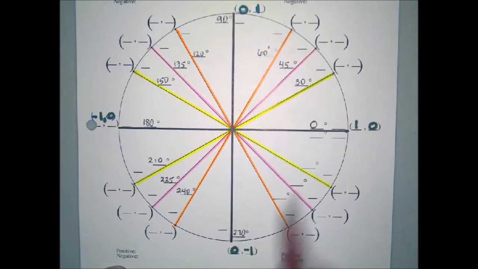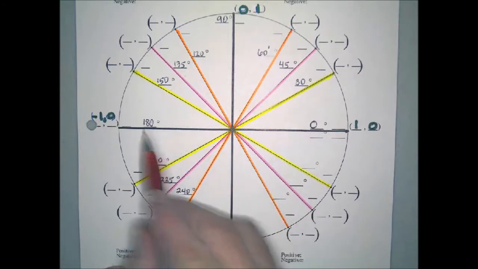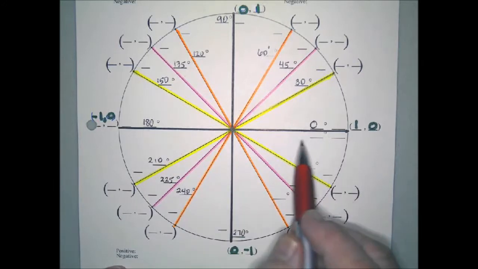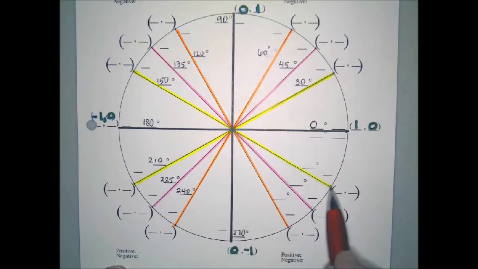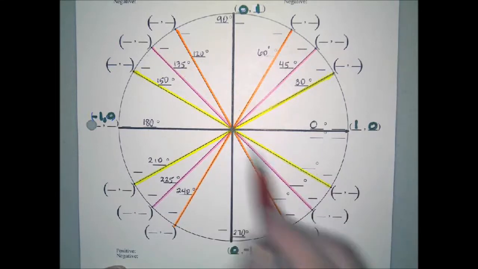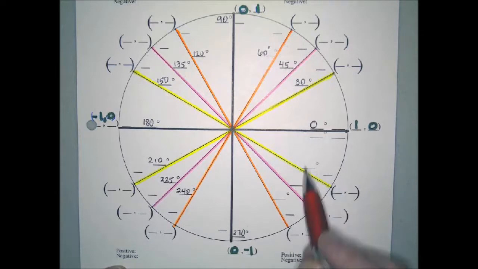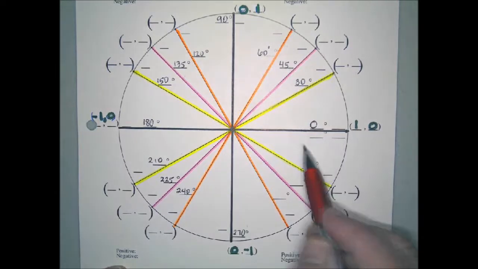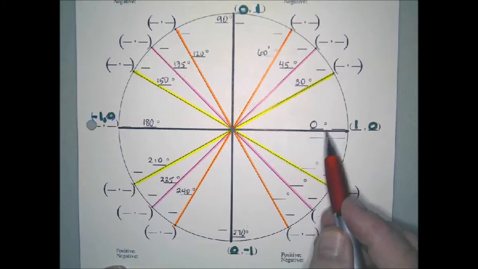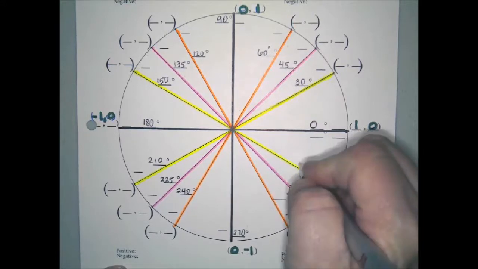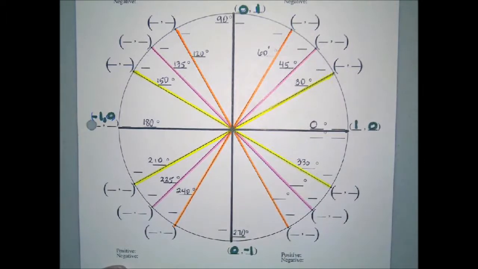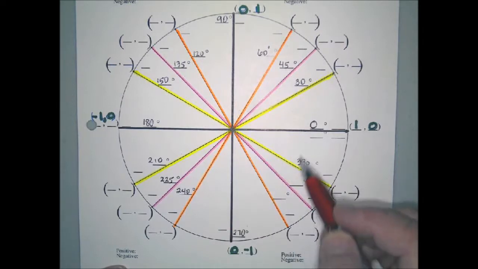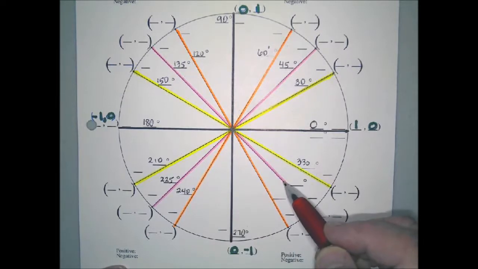And now we can do these angles the same way we did this one. We could think of this as 360 all the way around, but this yellow line right here represents the 30-degree angle, which means we didn't quite make it all the way around to 360. So it would be 360 minus 30, which is 330. This one would be 360 all the way around minus the 45 degrees because we didn't make it all the way around.